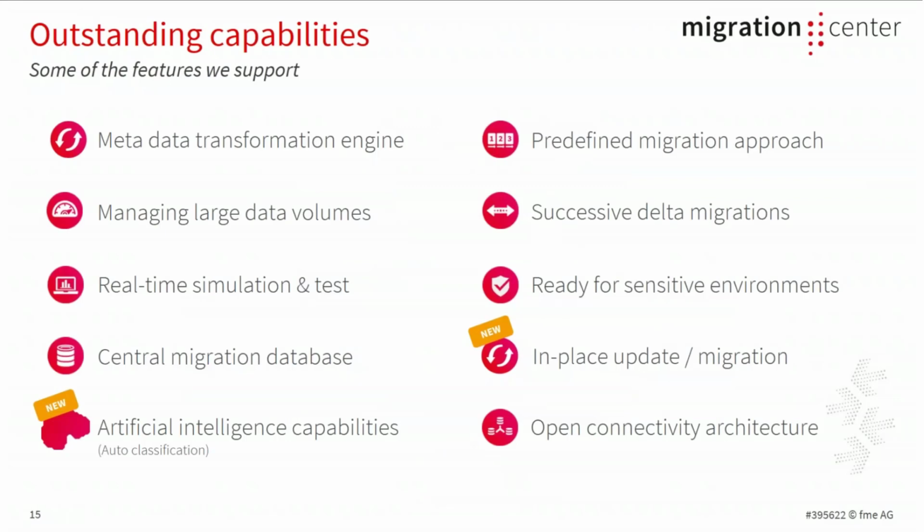Yeah, other outstanding capabilities, very briefly said. We have a huge metadata transformation engine. Migration Center really shines in terms of metadata transformation. When we come from very different source systems like SharePoint, Documentum, and Content Server, they all share a common sense in the middle, like they are all Documentum-like storing systems, right?